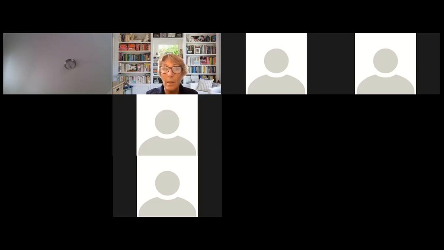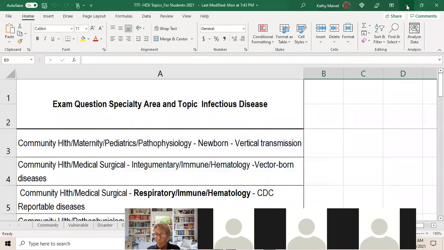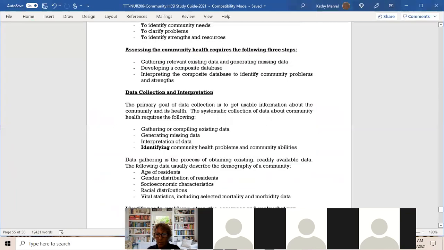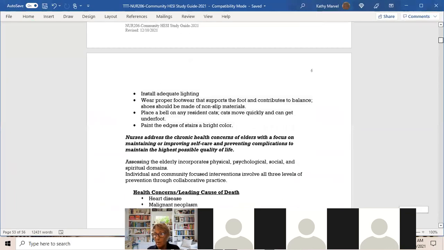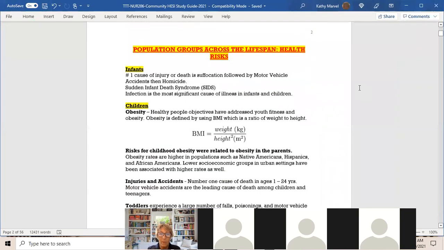Like if you go back to the HESI study guide, at the beginning, it talks about populations. And you think, okay, what might they ask me about infants? Well, here's something right here: the number one cause of injury or death is suffocation.